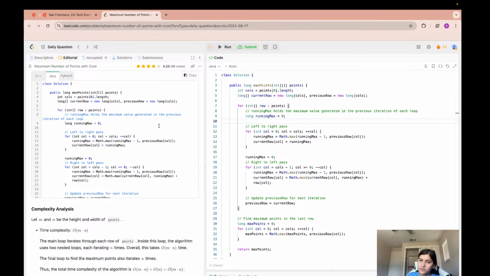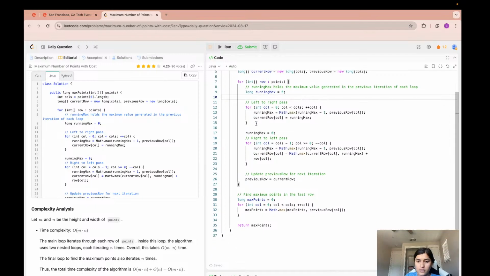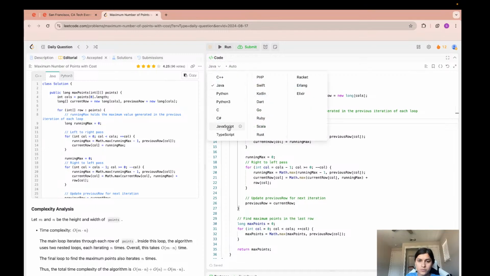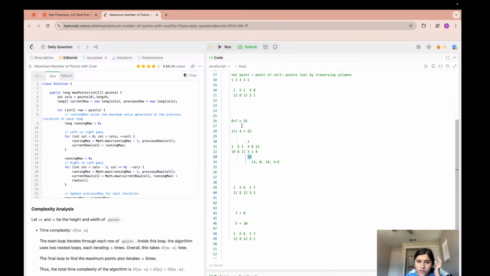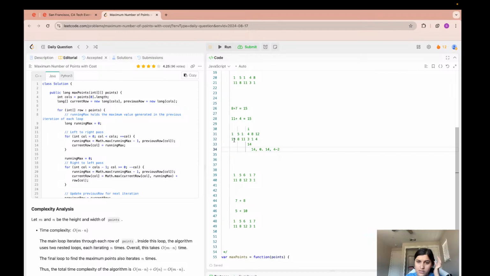And for every row, like I said here, I had to... oh, this is where I did it, right?